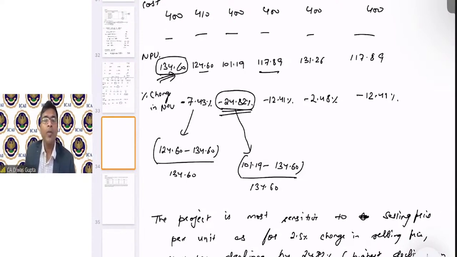Because I came to know that if my selling price changes by only 2.5%, it has the capability to change the entire NPV by almost 25%, which is almost 10 times, right? 2.5% to 25%, it is almost 10 times. So I have to be very careful while I try to plan the project on the selling price front. Okay.